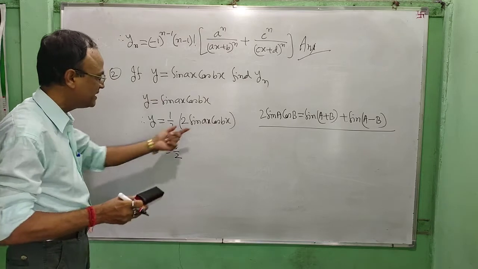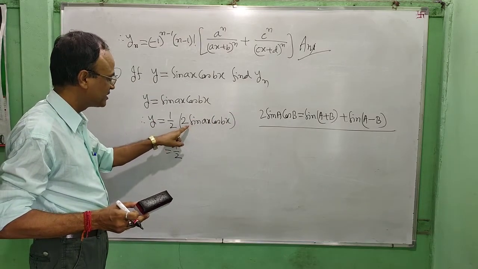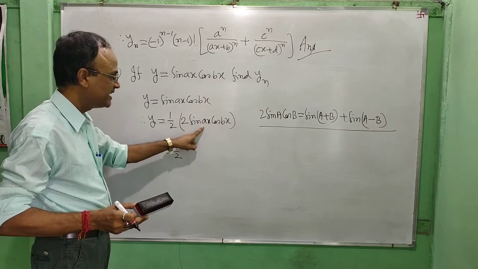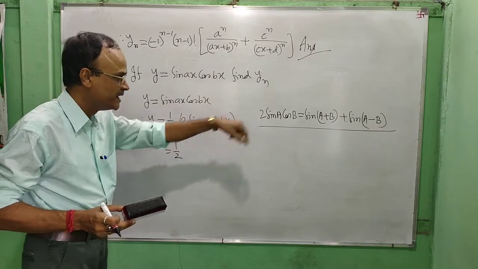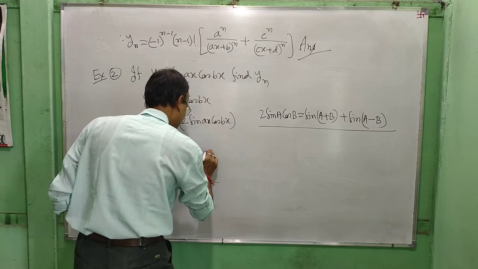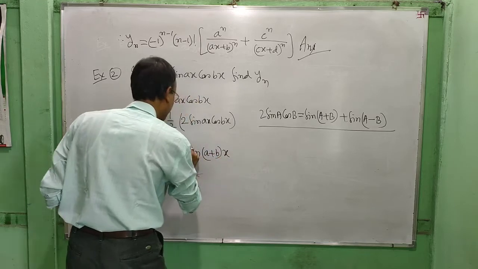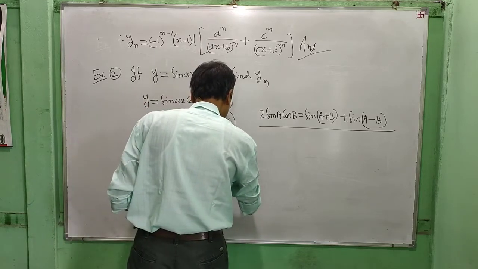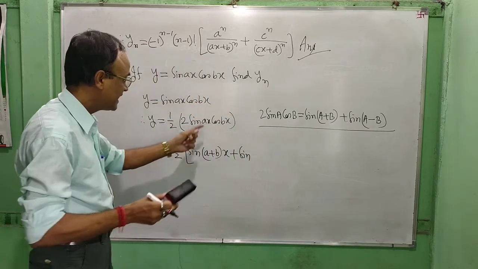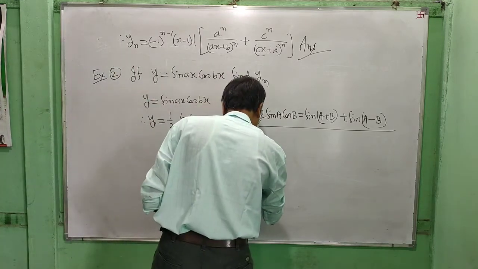If we apply this formula here, what do we get? Twice sin a cos b means sin(a plus b) plus sin(a minus b), that is sin of (a plus b)x plus sin of (a minus b)x.